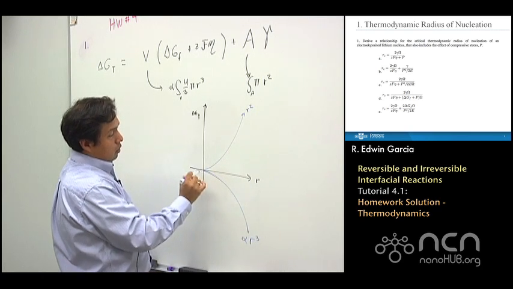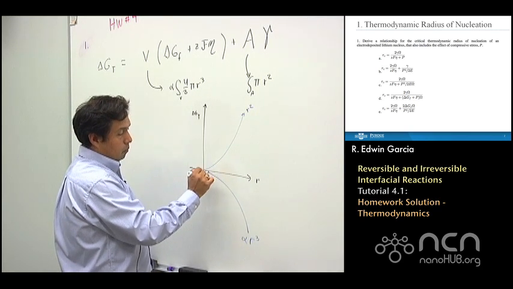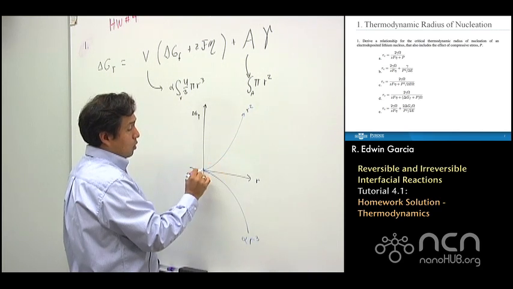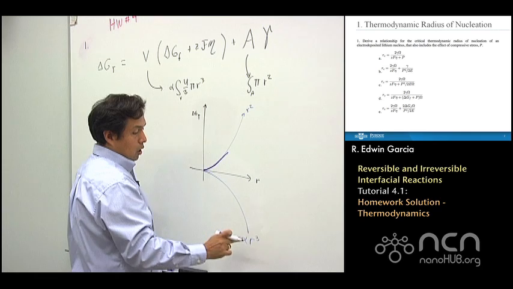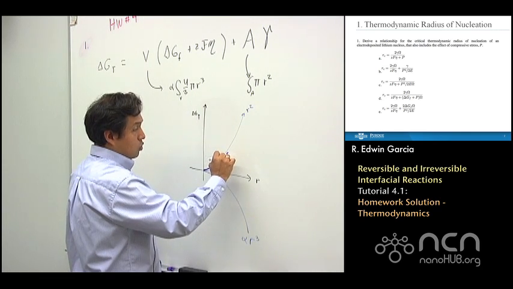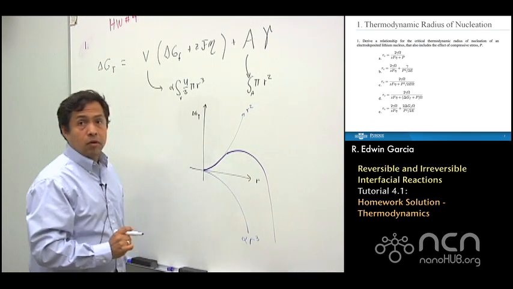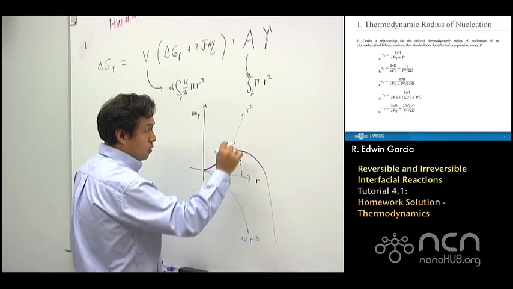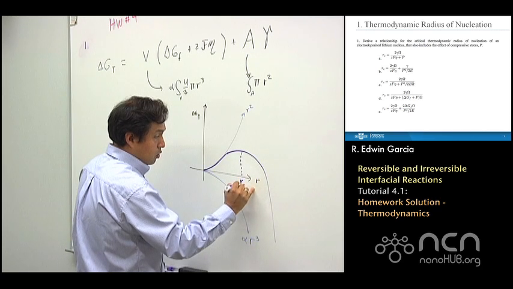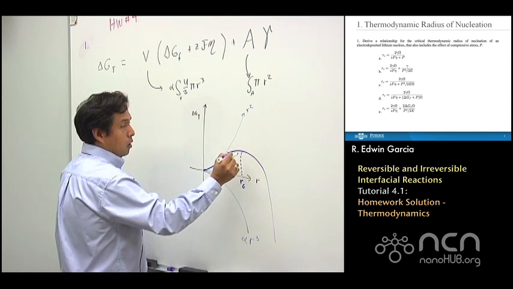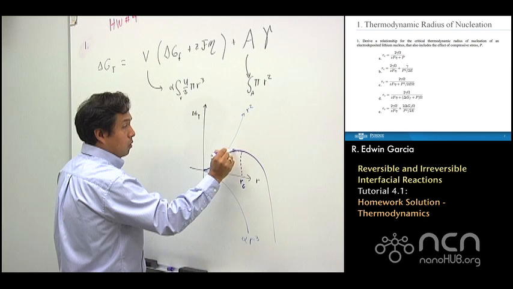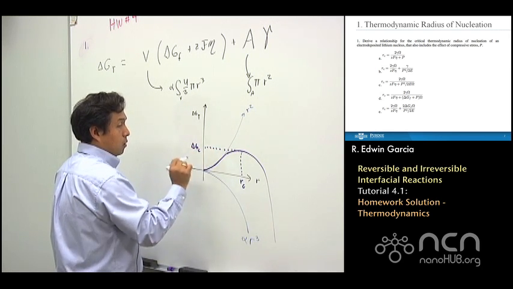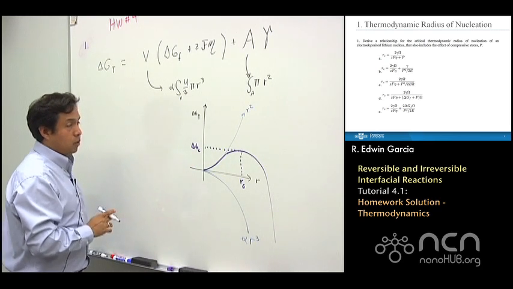At the beginning, neither of them dominates. The area, because it goes as r squared, takes off first, and then the volumetric eventually catches up until it comes down. The critical size corresponds to the size of this hump. This is RC or R star. And the energy barrier corresponds to the size of that hump, the critical free energy.